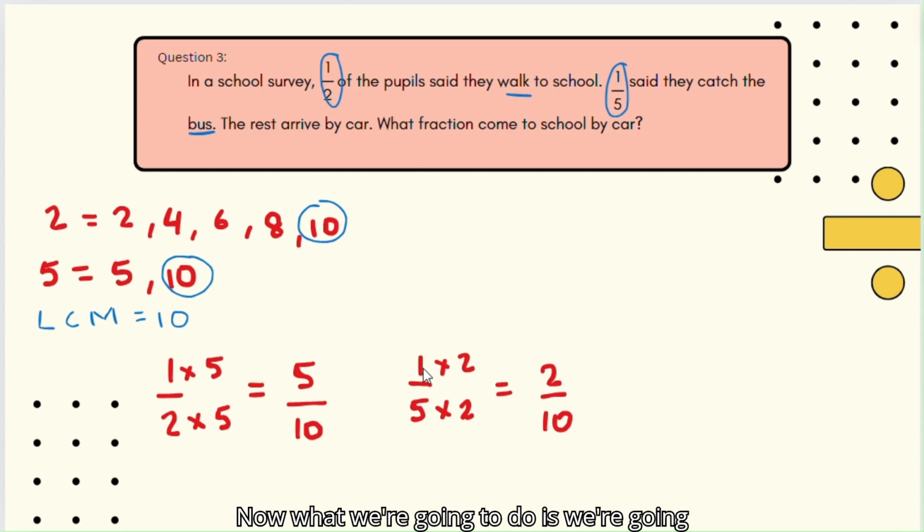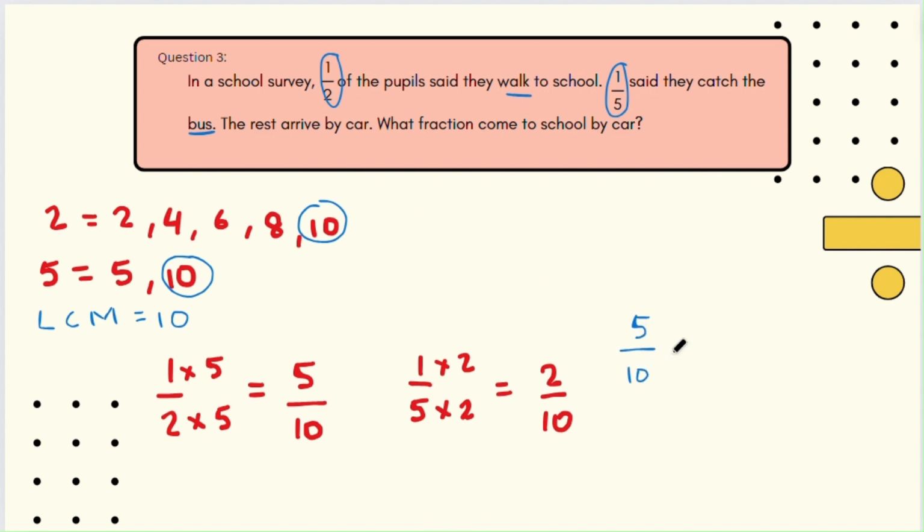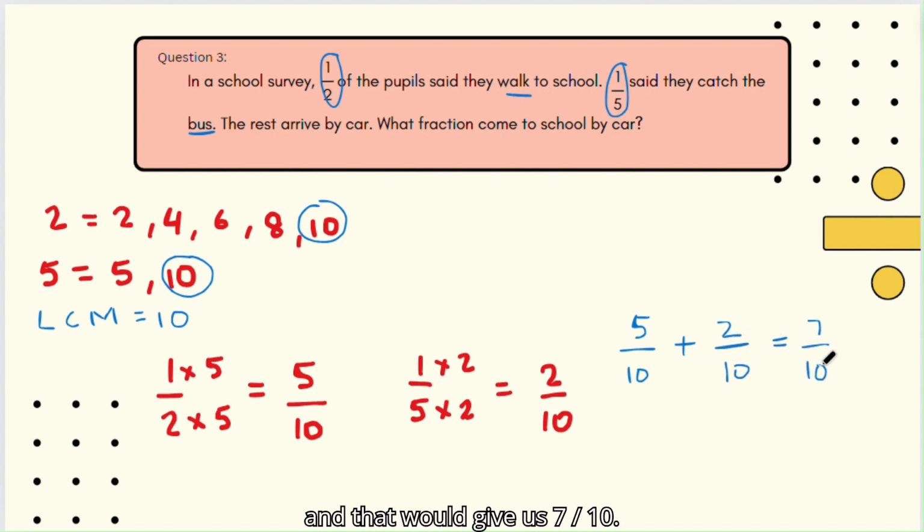Now we're going to add both of them together. So 5 over 10 plus 2 over 10 would give us 7 over 10. Now we know that from 10 parts, 7 of the parts are the pupils who walk and the pupils who catch the bus. So how many parts are left out of 10?